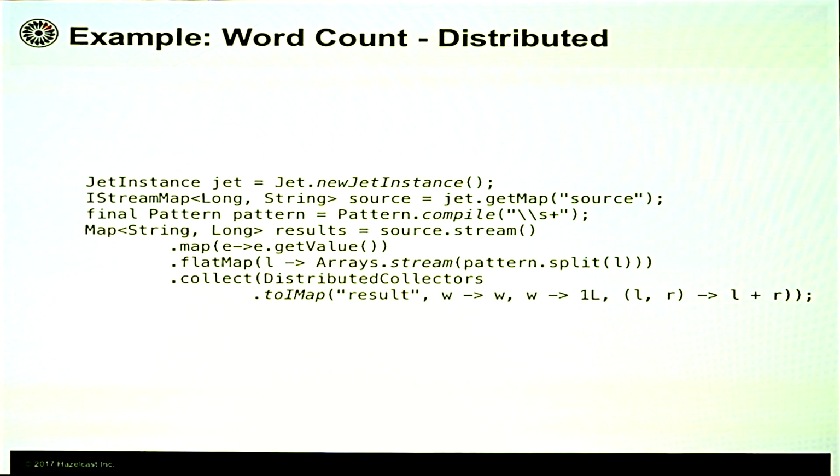Now, of course, this is a little bit hackier, where this stream map now has a method called stream. A normal IMap doesn't have that method, right? You have to get a collection to get the stream. But that's the hack we did: let's introduce a stream method to this interface, which gives you a distributed stream, basically. And then the rest is the same, right? But the implementation is now distributed. And it gives you the key value pairs, the map entries, automatically as stream items.